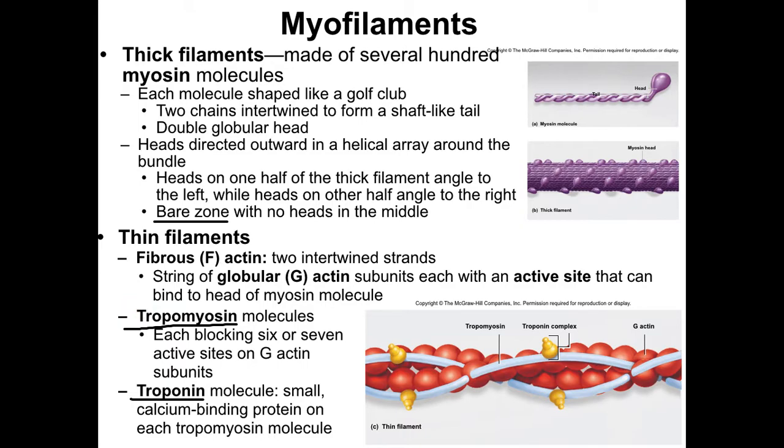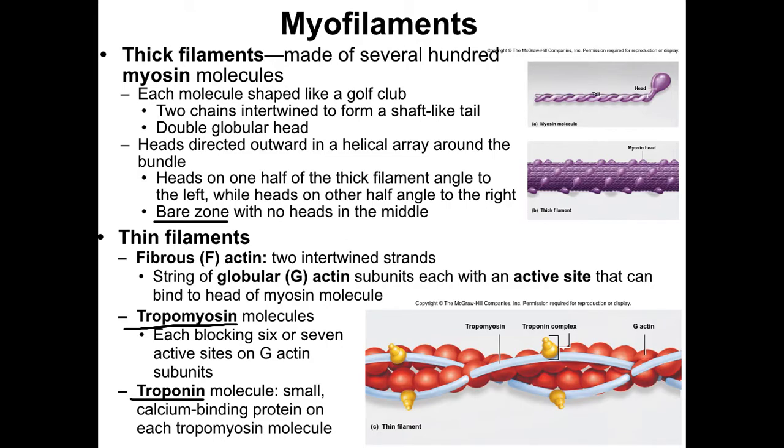The next protein is troponin. That's these little snail-looking things here. What troponin does is it can move tropomyosin. If tropomyosin is in place, then myosin can't bind the actin, and you don't get any contraction.